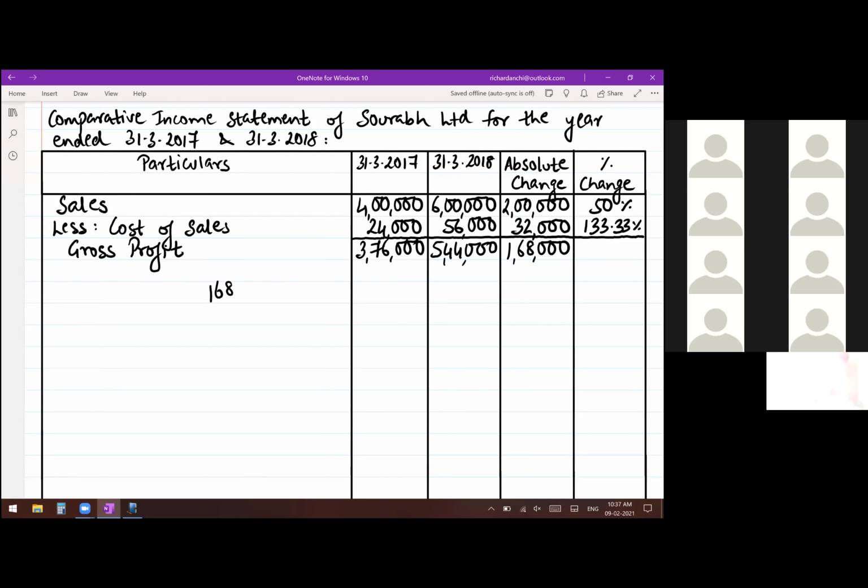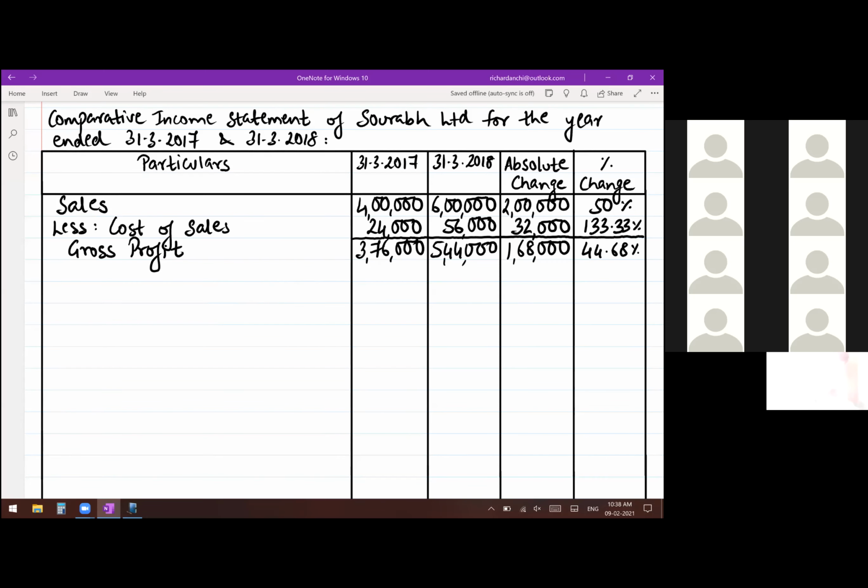Then percentage change. 1 lakh 68,000 divided by 3 lakh 76,000 into 100. Anybody with the percentage? 44.68%.